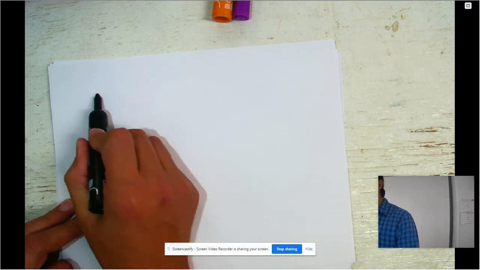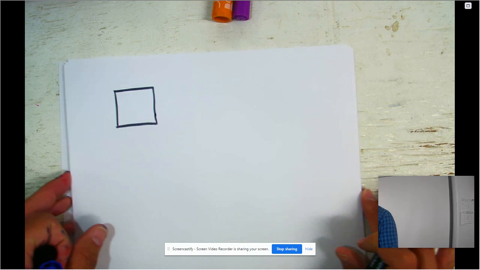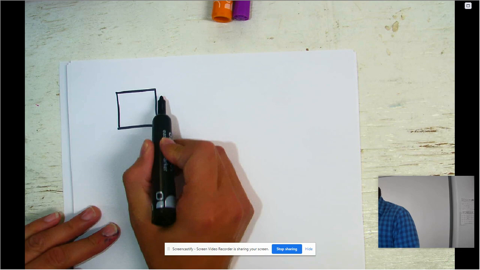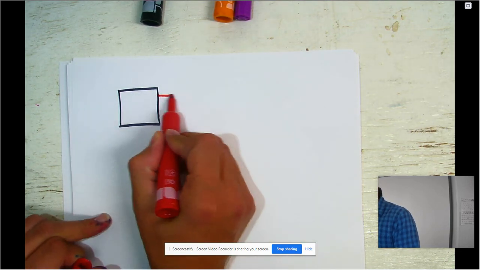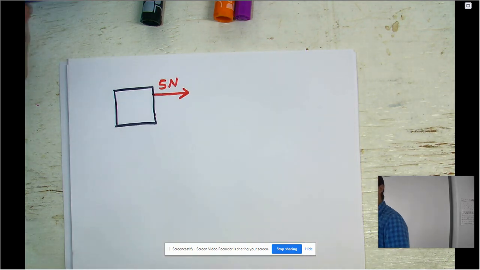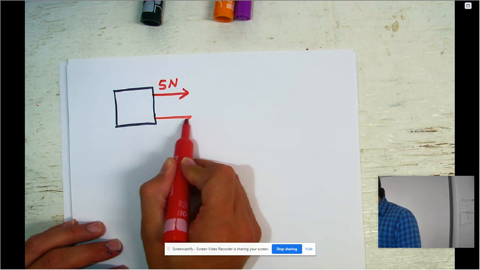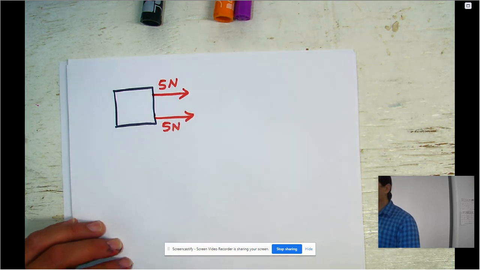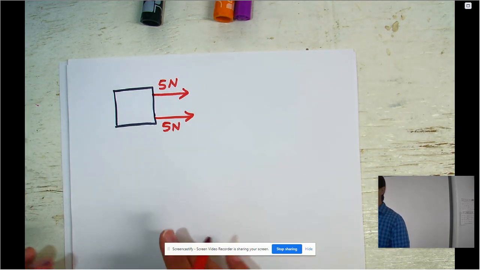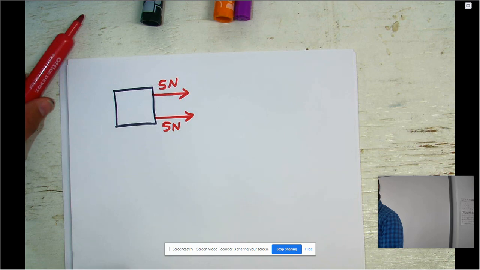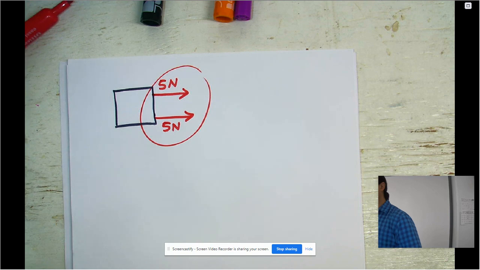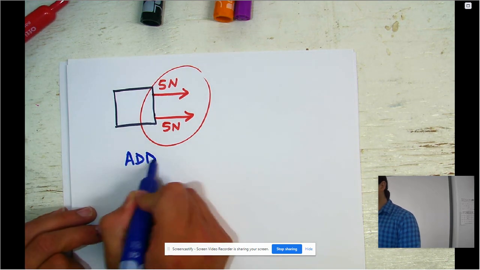Let's take a look at something like this. Let's say that you have an object, whatever it is. Let's say that you have a force of 5 newtons pushing this object to the right. And let's say that you have another 5 newtons pushing this object to the right. If the forces are in the same direction, we're going to add these forces together.